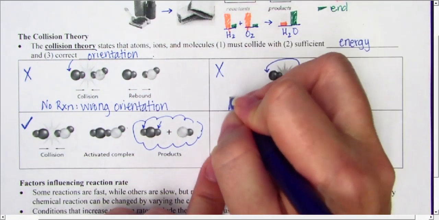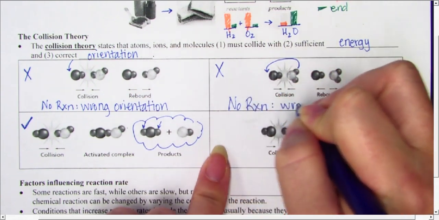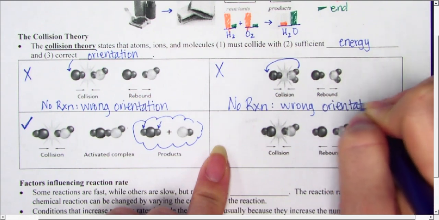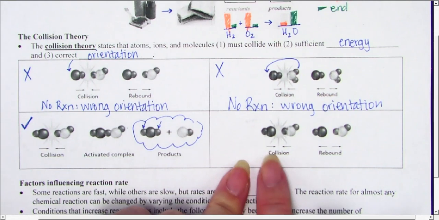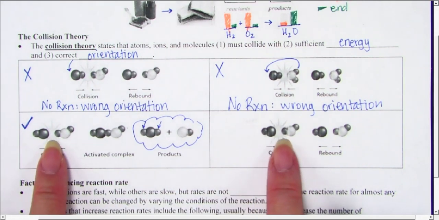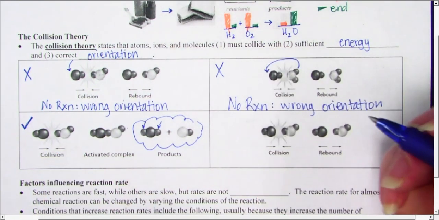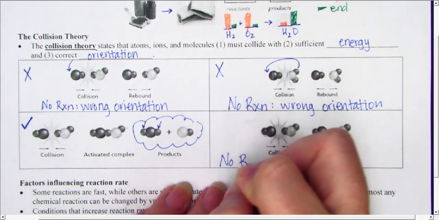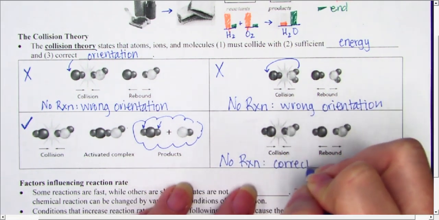So there is, again, no reaction because of the wrong orientation. And finally, this last one does collide, and it actually collides in the correct orientation, but we still don't get products. So there is no reaction, even though there's a correct orientation.